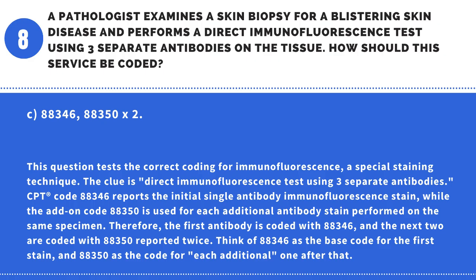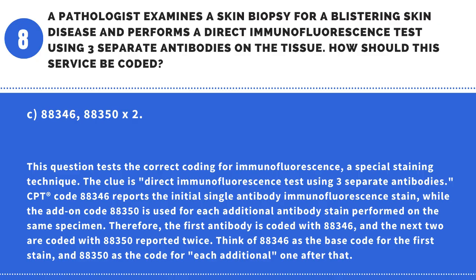Answer: C. 88346, 88350x2. This question tests the correct coding for immunofluorescence, a special staining technique. The clue is direct immunofluorescence test using 3 separate antibodies. CPT code 88346 reports the initial single antibody immunofluorescence stain, while the add-on code 88350 is used for each additional antibody stain performed on the same specimen.